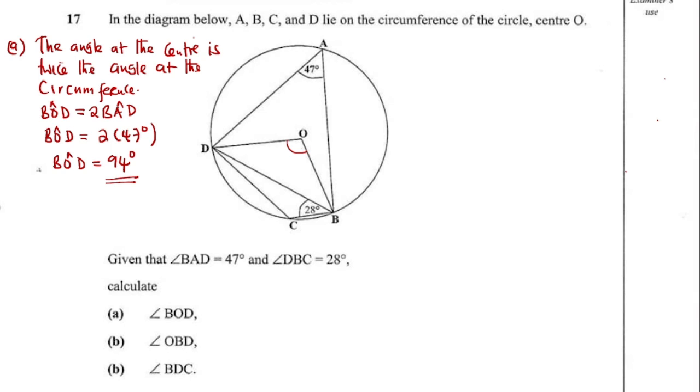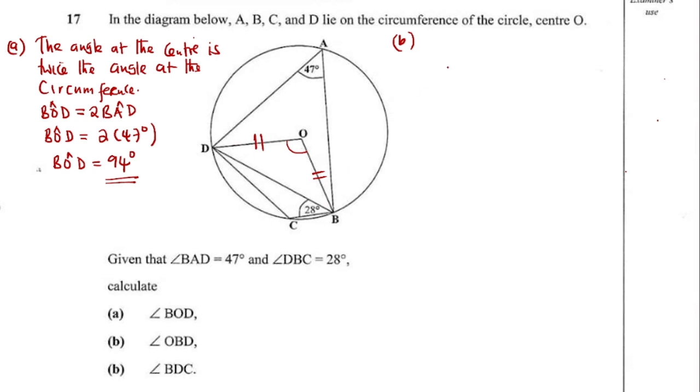the next angle, which is angle OBD. Now kindly take note that the distance from O to D, that is the radius, the distance also from O to B, that is the radius, that makes these two distances to be equal.